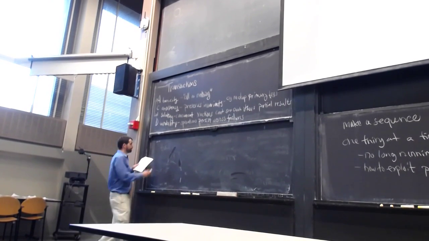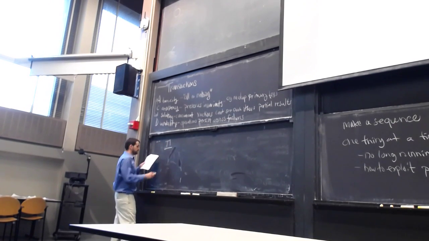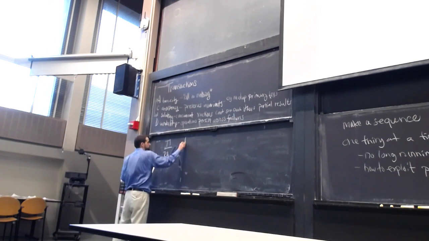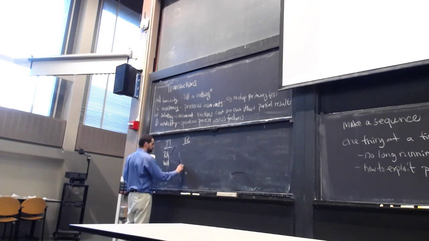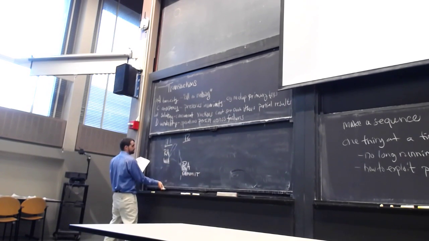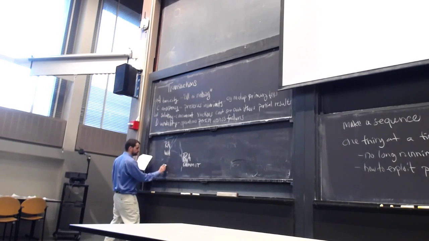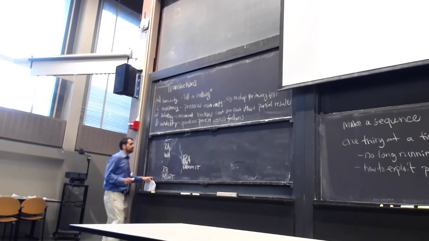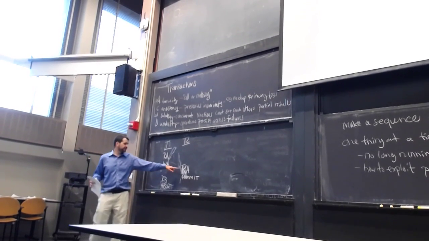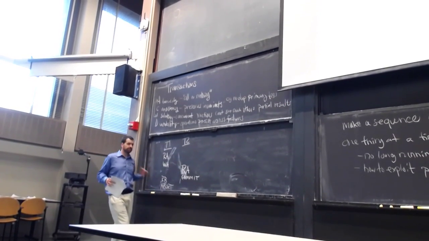Okay, so let's look at this example. T1 reads A and writes A, then T2 reads A and commits, and then T1 reads B and aborts.